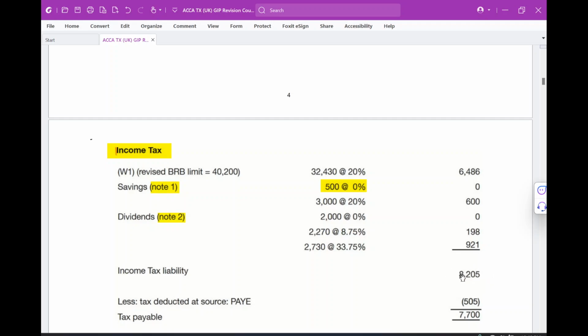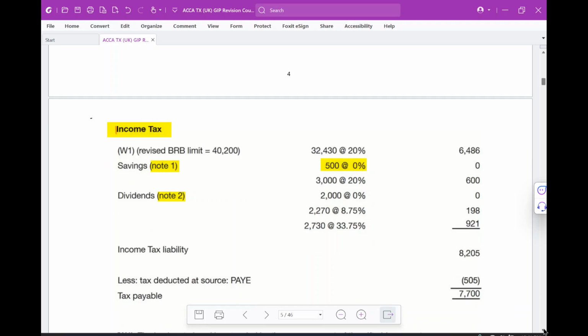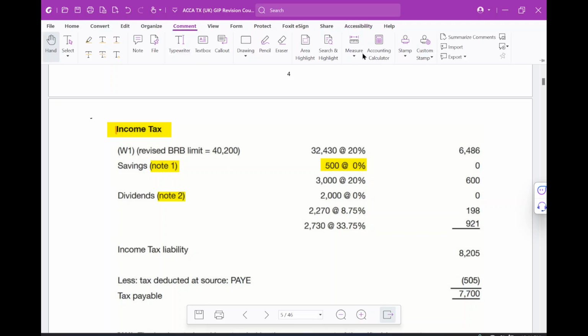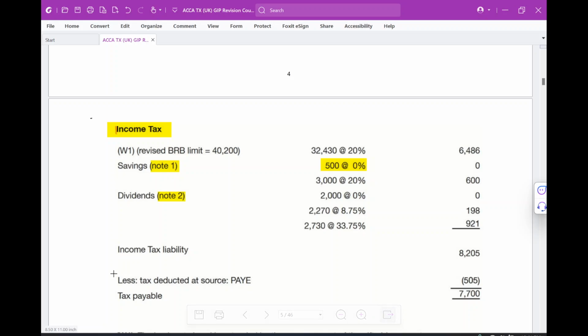But we're not finished, because the question asked for income tax payable. What do we need to do? We must deduct any tax credits. And as I said to you earlier on, these tax credits can come in a couple of different forms. More often than not, at ACCA TX level, it'll be the PAYE deducted on the monthly base, cumulative over the 12 months for the individual, in this case, Kate.